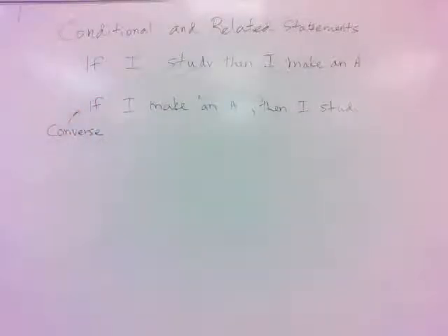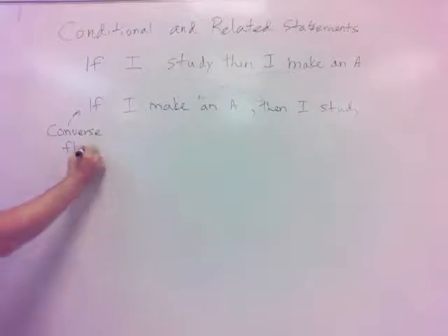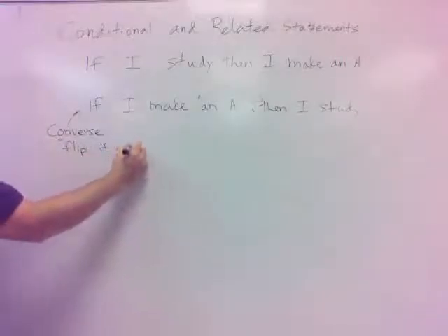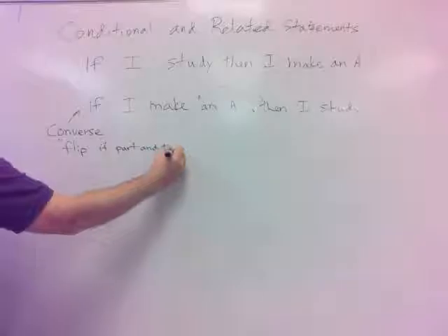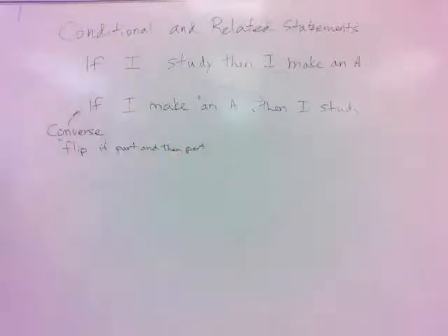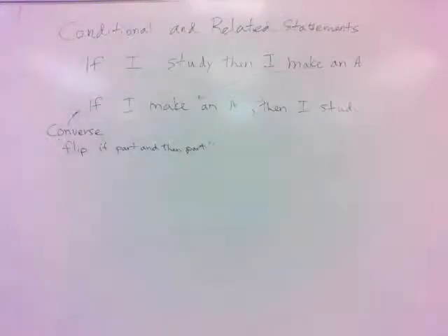The converse, and the way I describe it is, you flip the if and the then part. So the converse will do the flip of the if part and the then part. Okay?